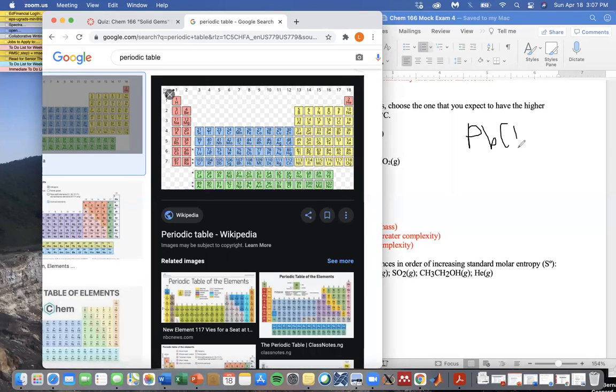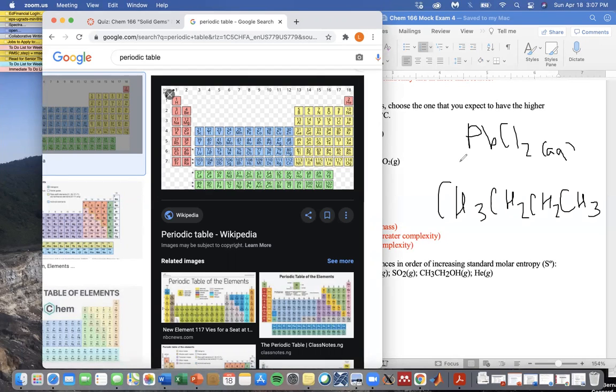I'll say PbCl2 aqueous versus, and I'm not sure if this one is aqueous, but let's say that it is, versus the CH3, CH2, CH2, CH3. So usually it goes hand in hand with molar mass, but it doesn't always do that.